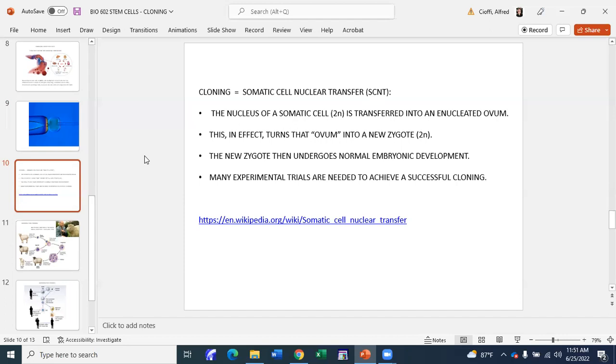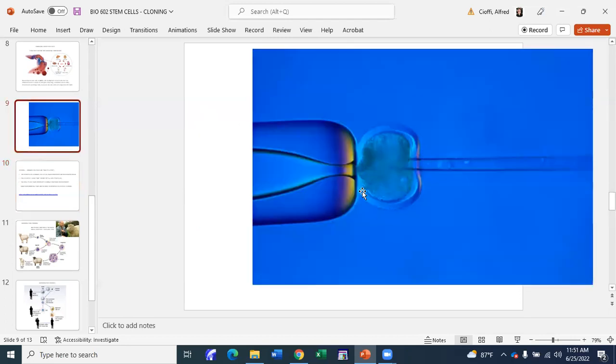So sometimes you just see NT for cloning. All right, so the nucleus that is transferred in is diploid. And therefore, the zygote, or the cell that is generated, is a diploid cell. And it's a single cell, and therefore it's functionally equivalent to a zygote, right?